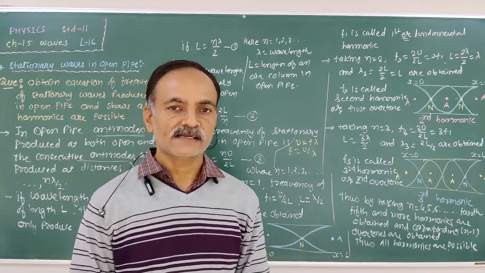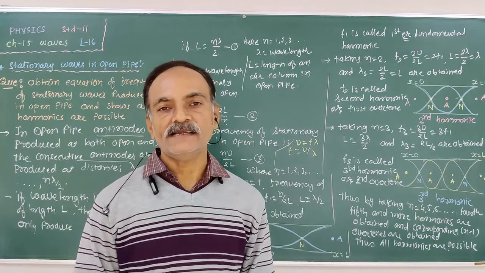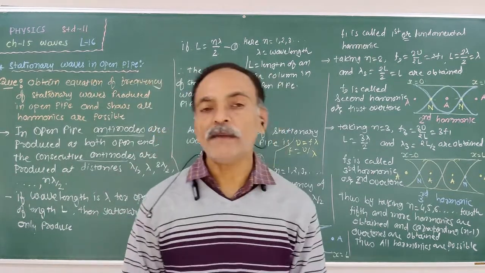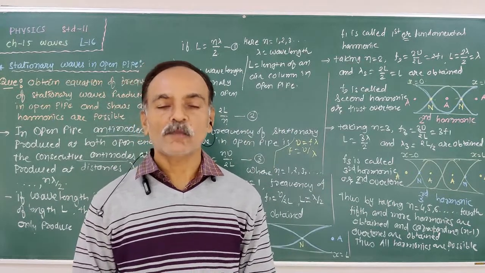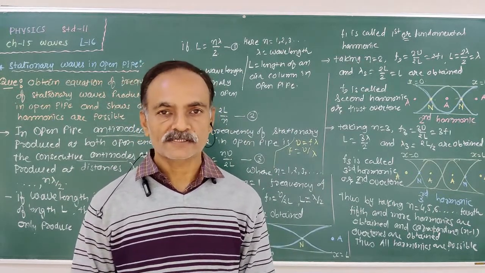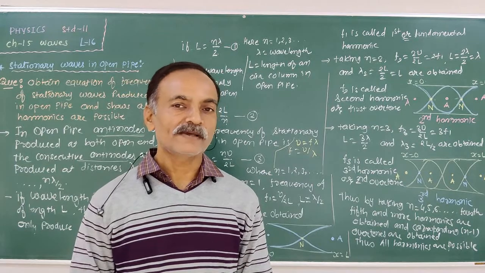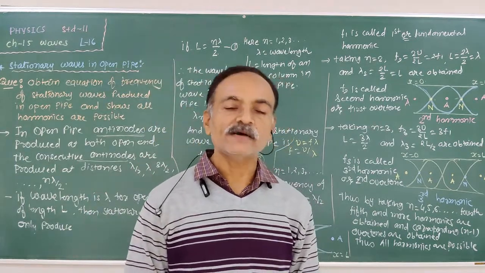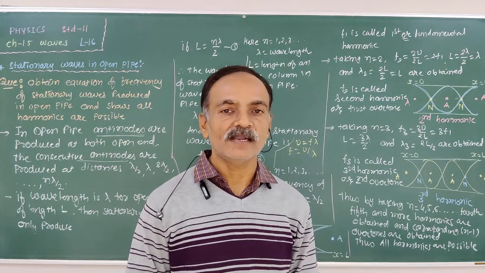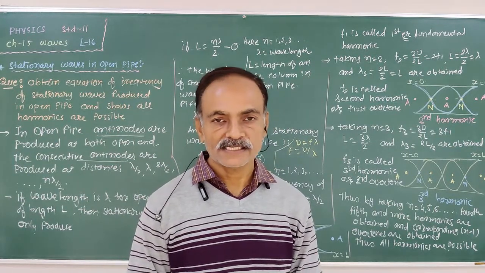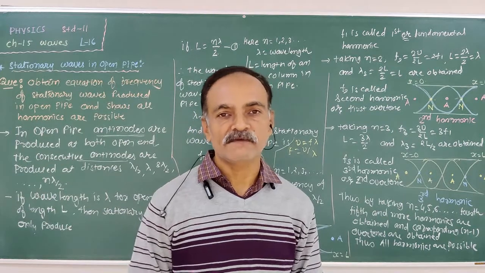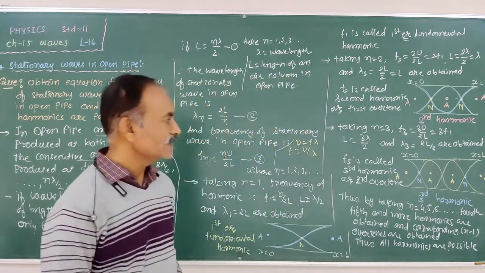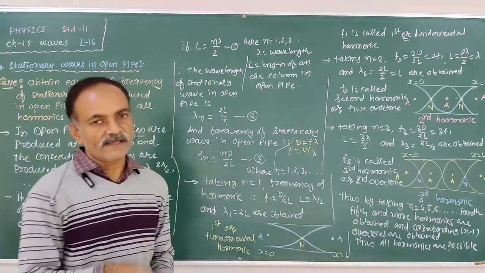Because in a string, both ends are tied, therefore nodes are produced, while in an open pipe, both ends are open, therefore antinodes are produced. Equations are the same but the figures are different. While in the case of a closed pipe, only odd harmonics are possible, even are not possible. Clear this thing? That is the main difference between these three media in which we discuss the mode of oscillation or the harmonics of oscillation.